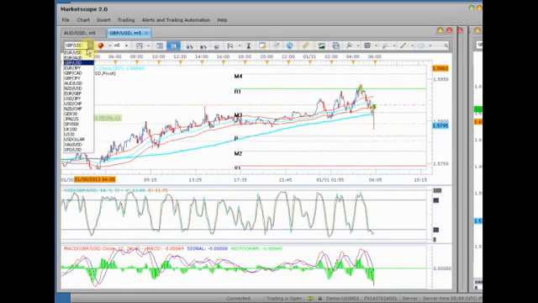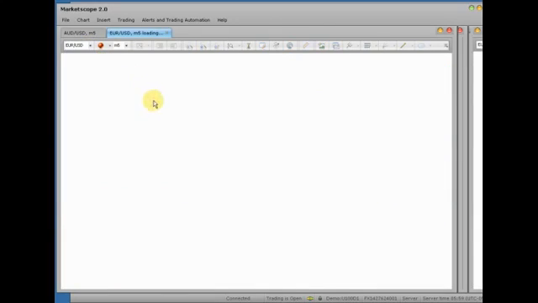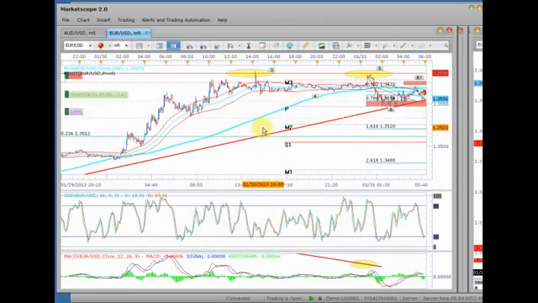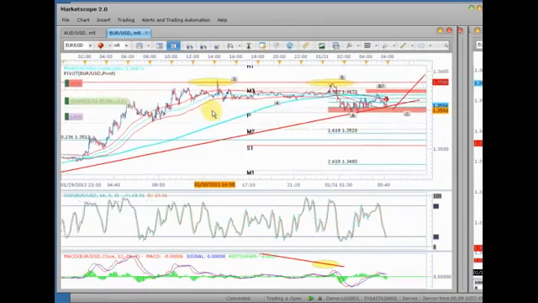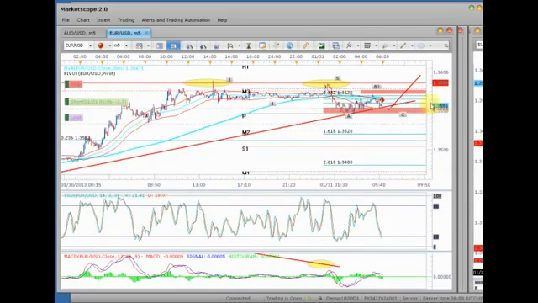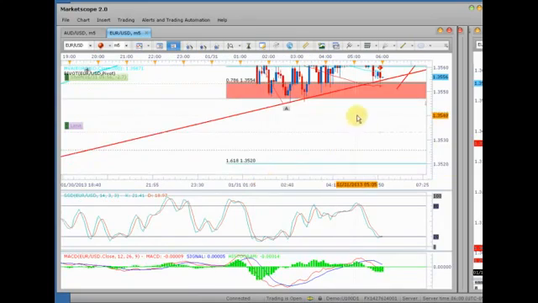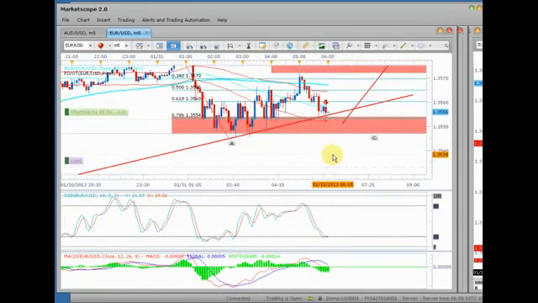Let's take a look at the euro. I don't know what's going on with the euro. We're down 2.6 pips there, and we're entering that. And see, we got that break of the trend line there.